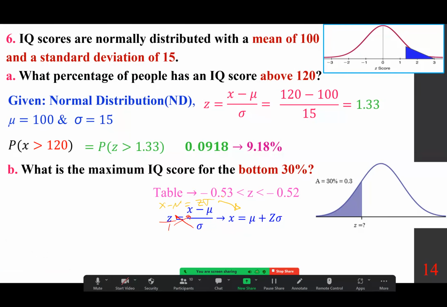So let's plug in. When we plug in, everybody, we're going to use a number in between if we are using the table. And pay attention to the fact that it's negative. So negative 0.525 times 15, and it ends up being 92.125. It must be less than mu.